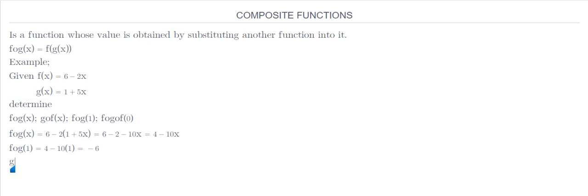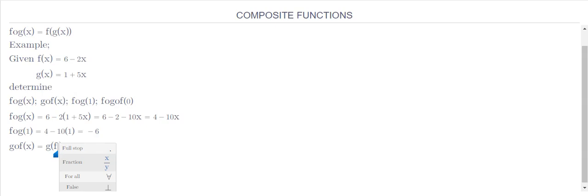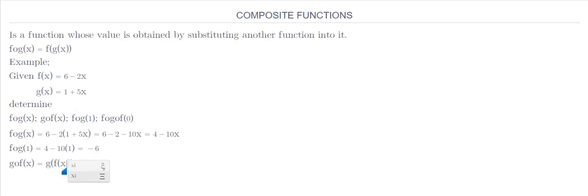The next one, g of f of x. Similarly, we have g of f. It means f is inside g. I've said this can be written as g into bracket f into bracket x. So it means f is inside g.